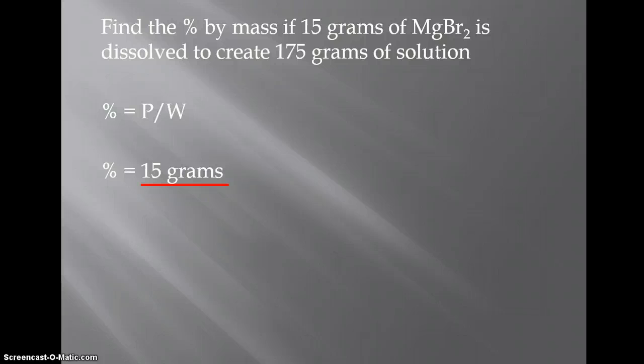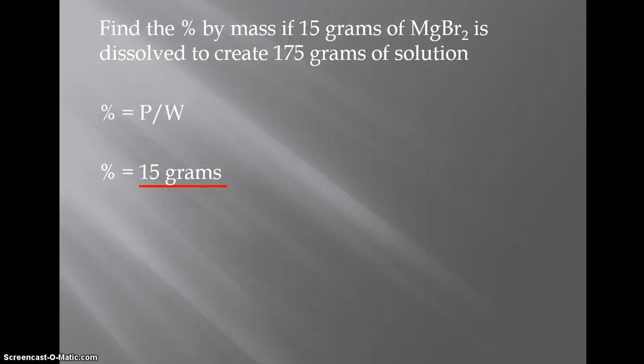It's 15 grams. How do I know the 15 grams of magnesium bromide is my solute? Well, it tells me I have 15 grams of magnesium bromide. It's dissolved. Well, what's the one that's always being dissolved? It's the solute. The solution is the whole thing altogether. As a matter of fact, it tells me here that 175 grams is my solution.